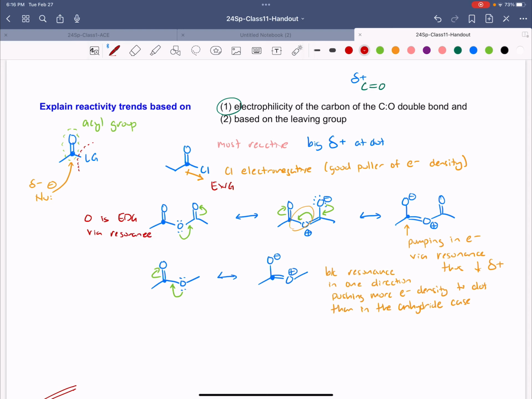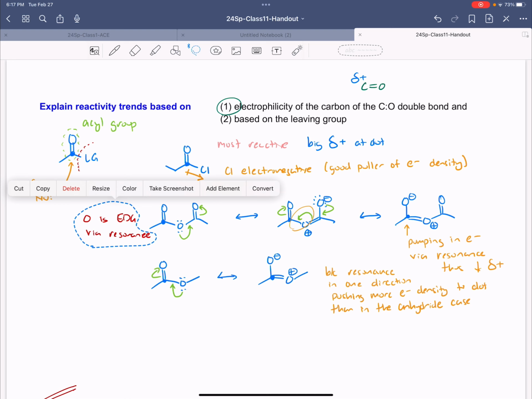And because in the ester case, you're only donating electrons to the dot on the left, you're not donating to the right, then you're pumping in more electrons to the left. So this is the same explanation. This guy here. Copy.